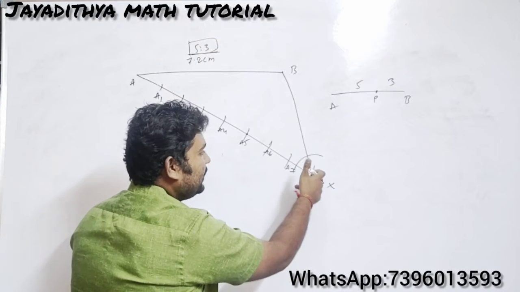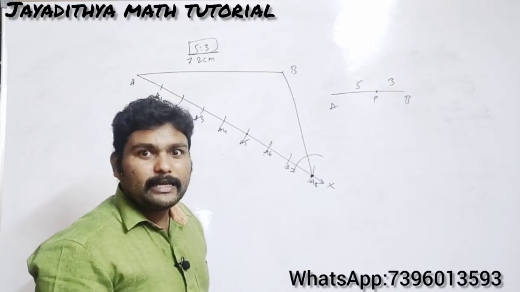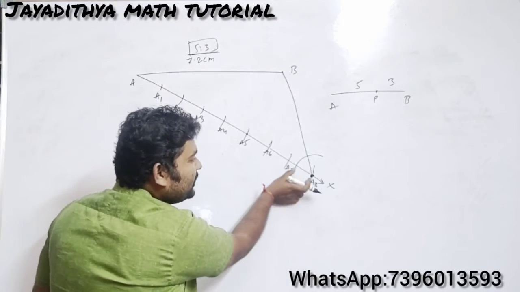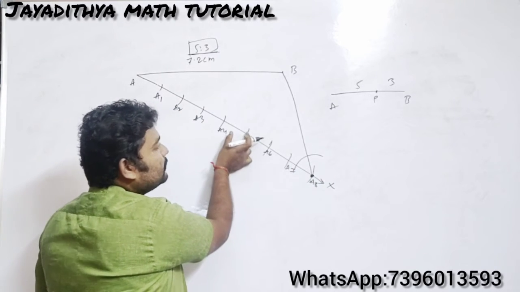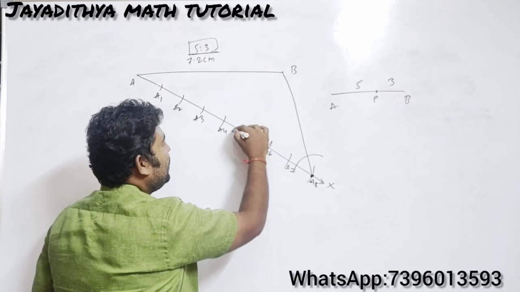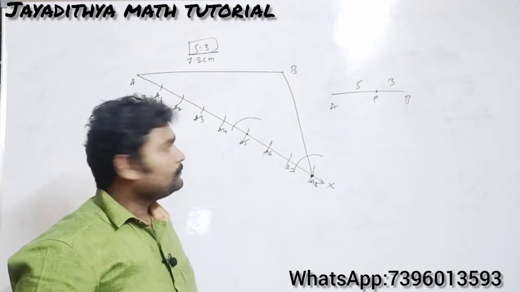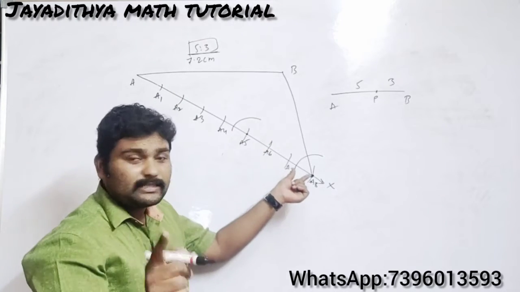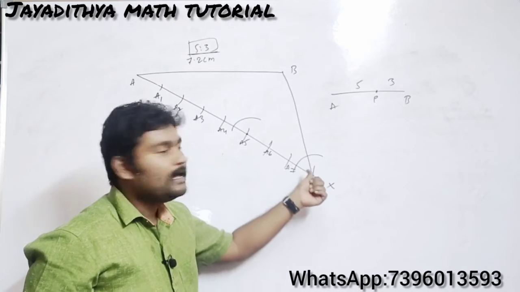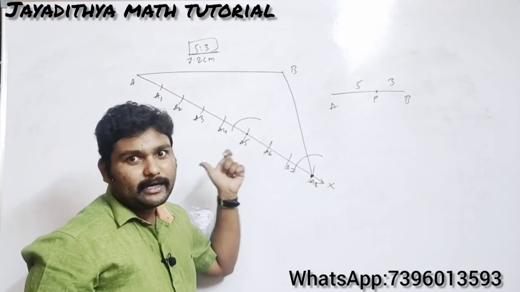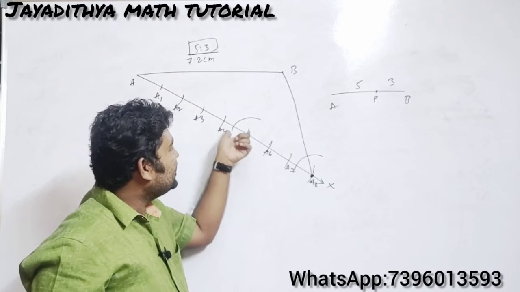From A8 draw an arc, clear? Take A8 as center and draw an arc such that it cuts both the lines. Then with the same radius, draw an arc again from A5.